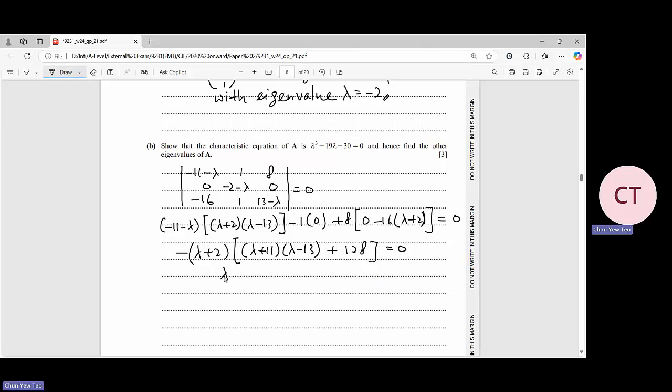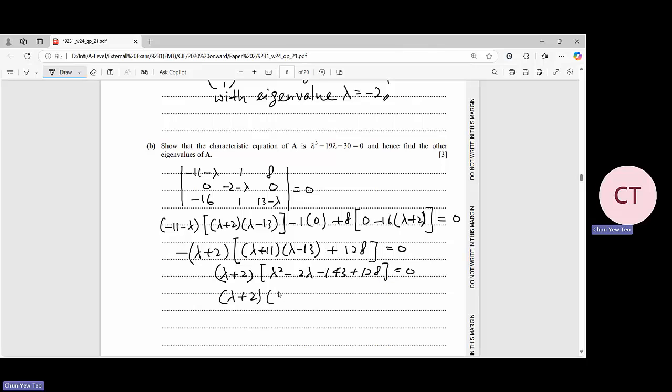The negative can be brought to the other side, so you can ignore the negative. Then here you get lambda square minus 2 lambda minus 143.